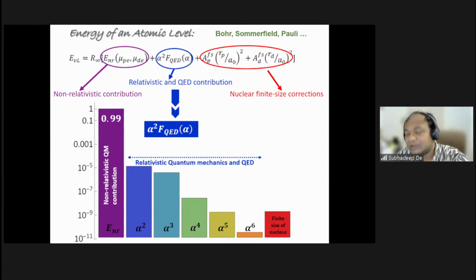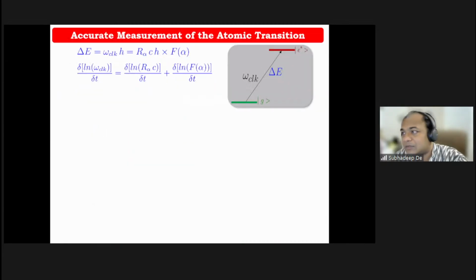So there is a sensitivity factor that comes from that aspect. If I simply write the energy level difference between two states, let's say our clock transition, I can write it in terms of some constant and then a function of alpha.